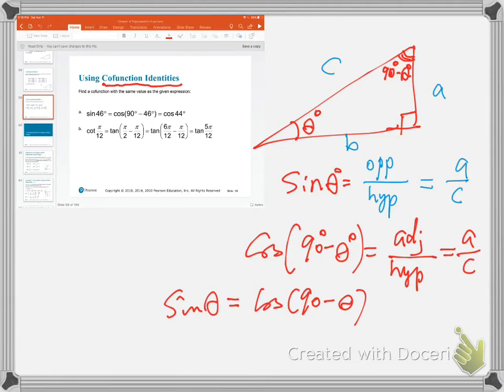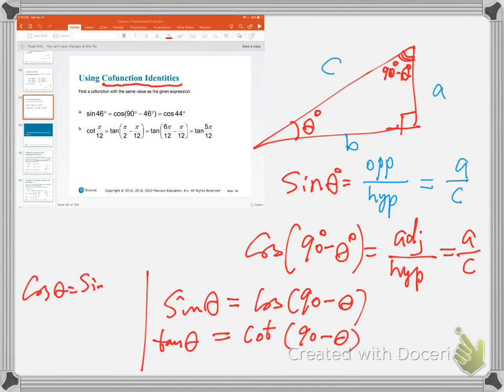That's how we get the first cofunction identity. Similarly, we can get tangent theta is cotangent of 90 minus theta, or you reverse them. Cosine theta is sine of 90 minus theta, and cotangent theta is tangent of 90 minus theta.